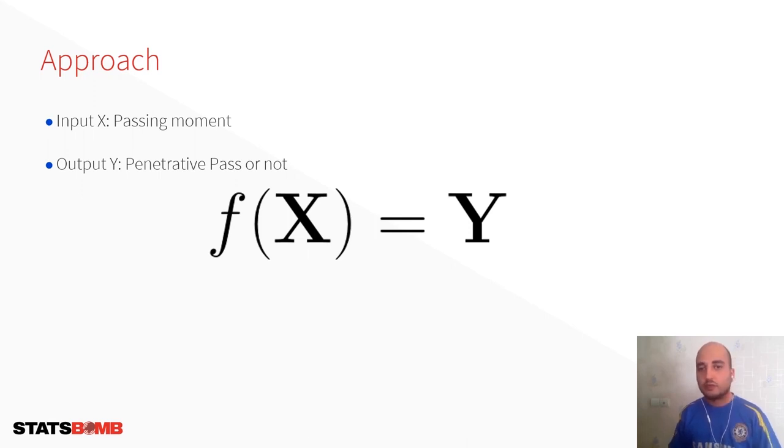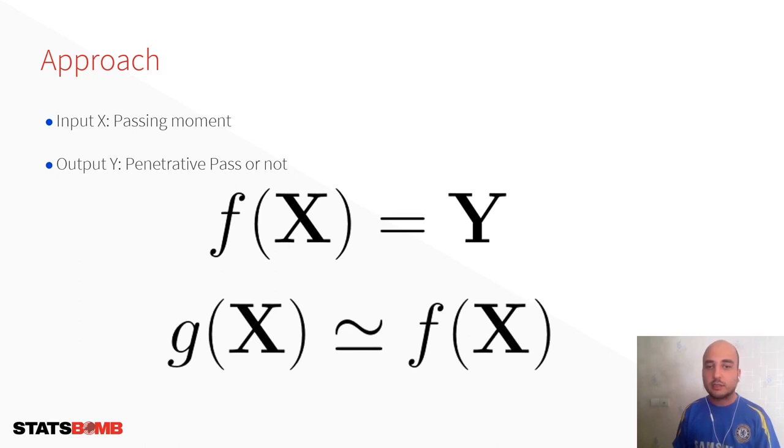But because we don't know exactly how all these variables in the data work with each other, we are going to follow a machine learning and deep learning approach. The basic idea is that we want to estimate this function f using a function called g that we are going to learn in this study.